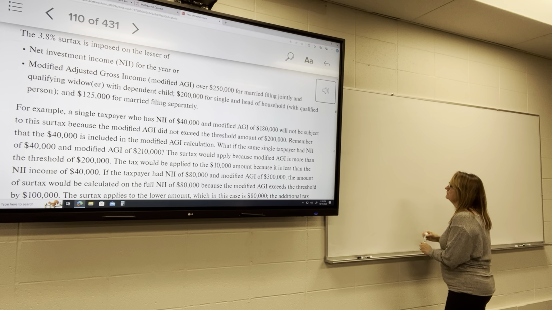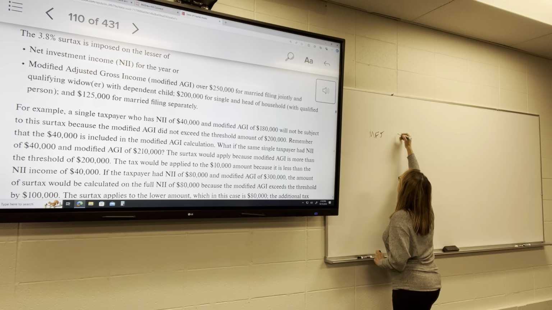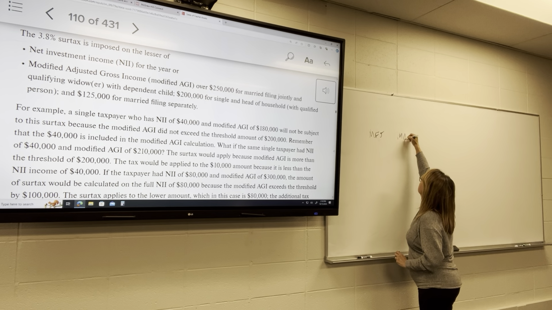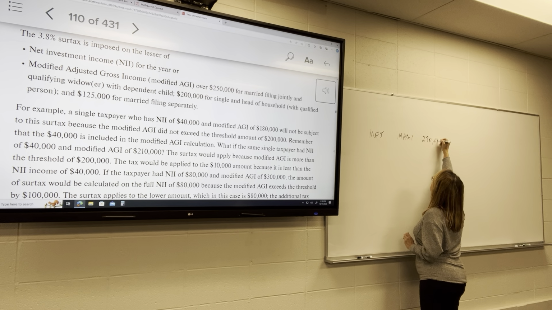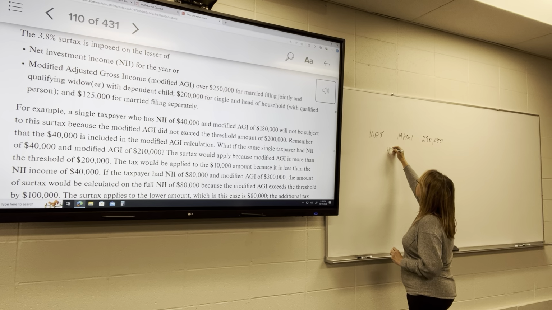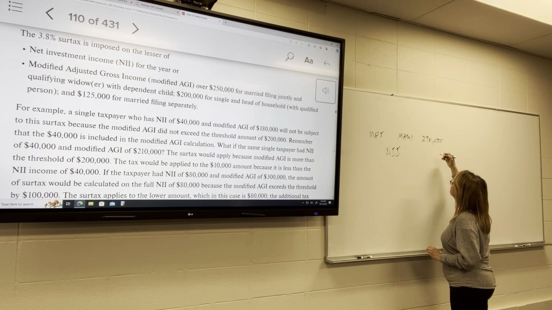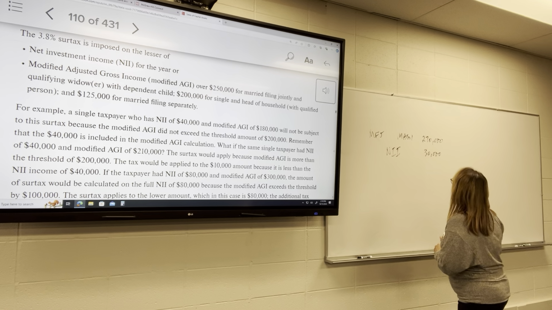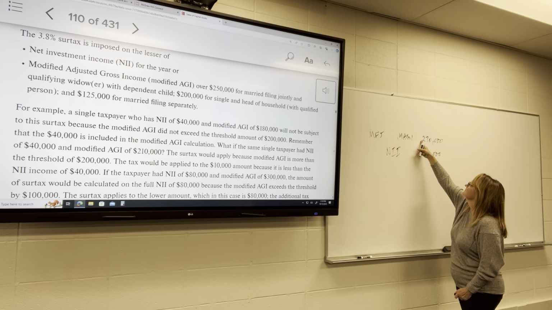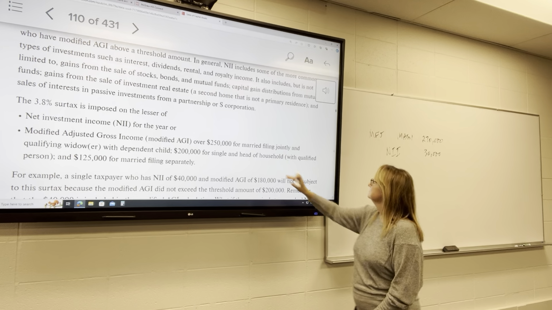So let's say that you are married filing jointly and you have modified AGI of $270,000 and you have net investment income of $30,000. All right. So what you do is take your modified AGI and subtract these thresholds.